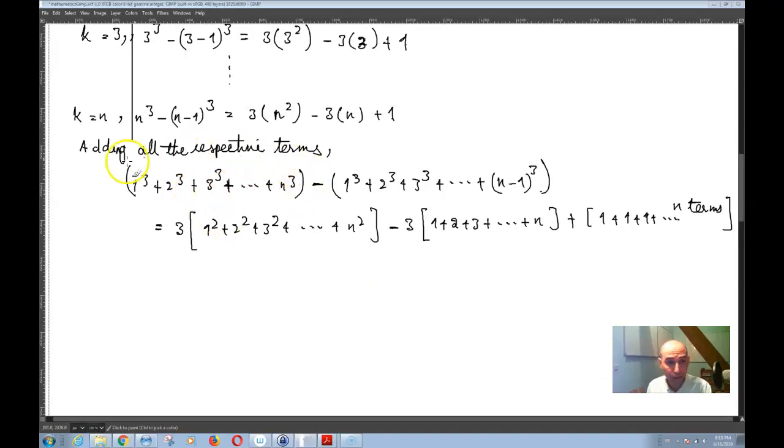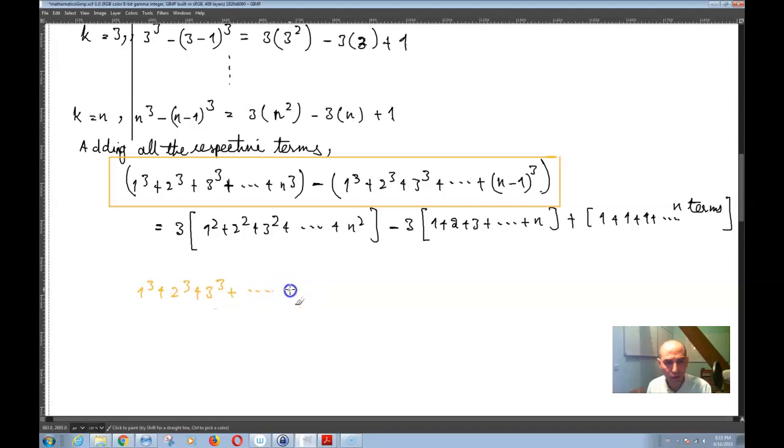I can write this part. If you think about only this part over here, I can write this as 1 cube plus 2 cube plus 3 cube plus all the way up to n minus 1 cube plus n cube, right?